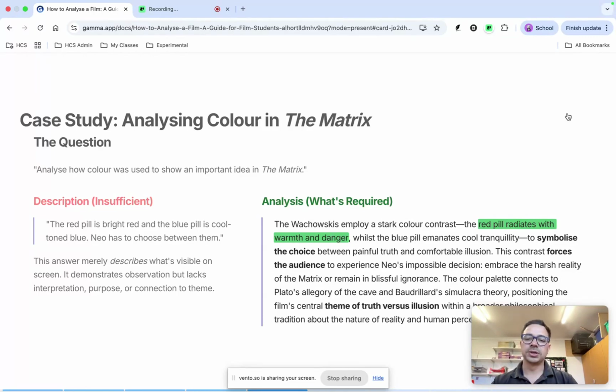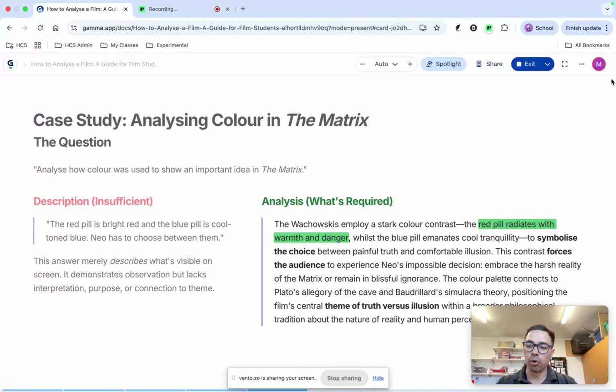So the Wachowskis employ a color contrast. The red pill radiates with warmth and danger, while the blue pill will emanate with cool tranquility to symbolize the choice between painful truth and comfortable illusion. Okay, the directors chose to use these to show the symbolic nature of this choice that they have.